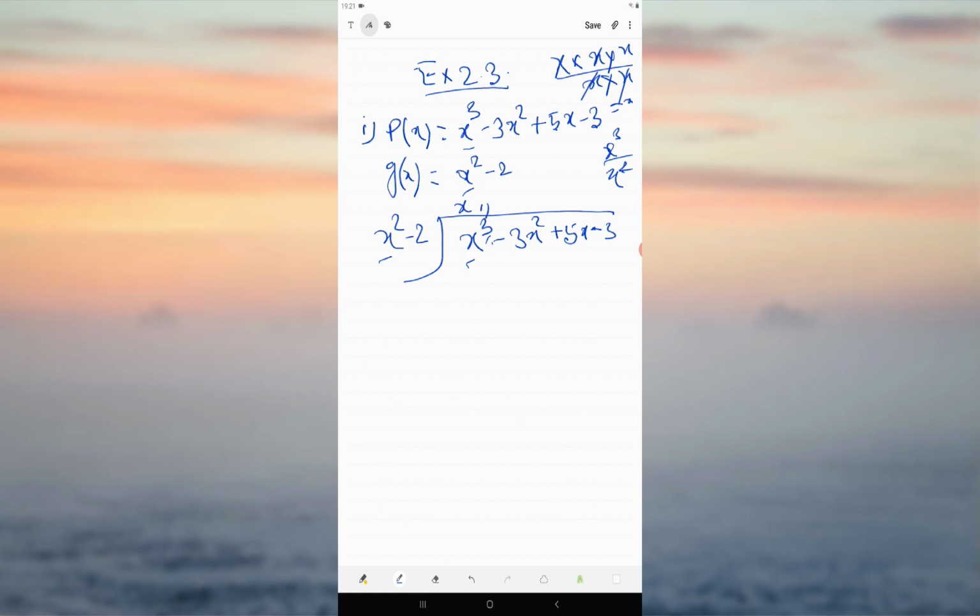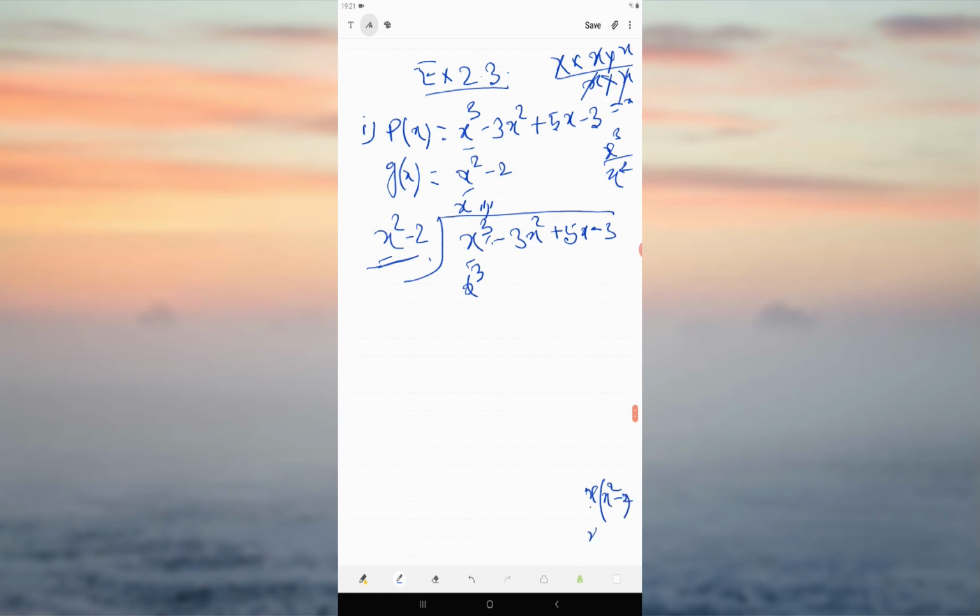Now, when you take this quotient, of course, the divisor should get multiplied by x. So x square into x gives us x cube. Then minus 2 into x, that is, x is multiplied by x square minus 2.